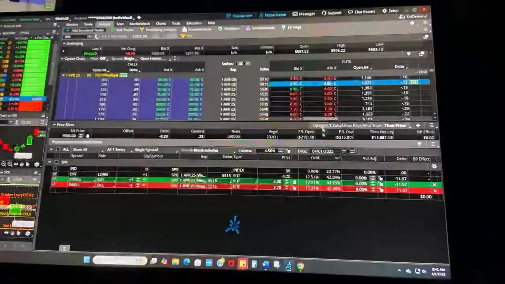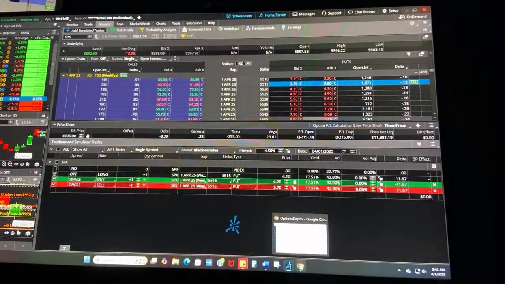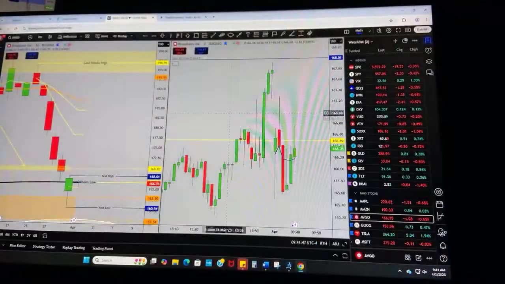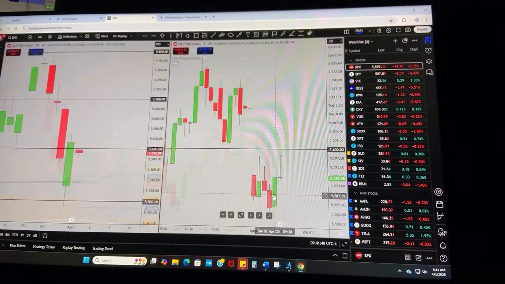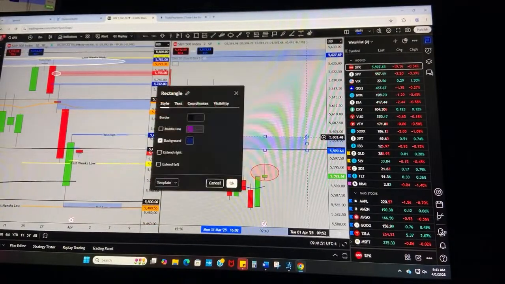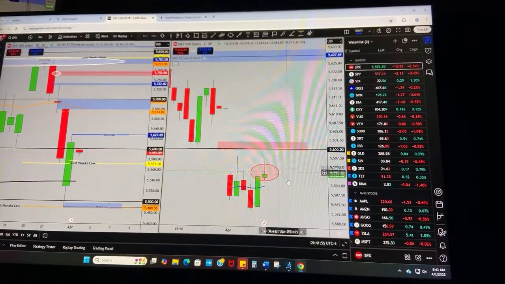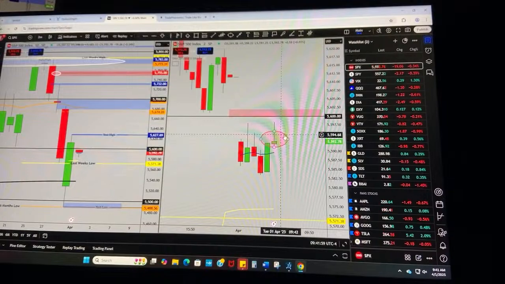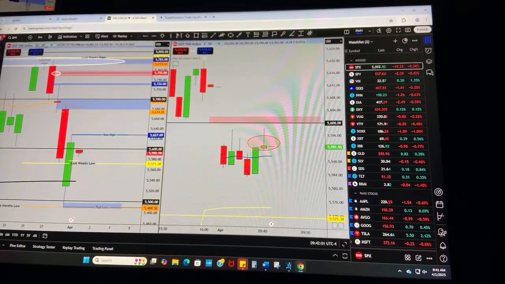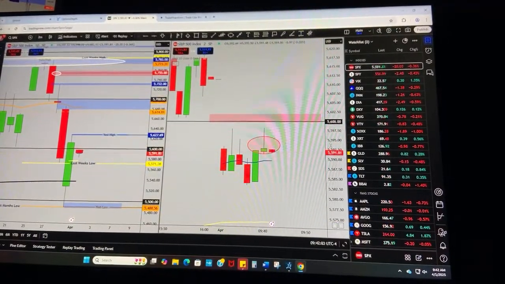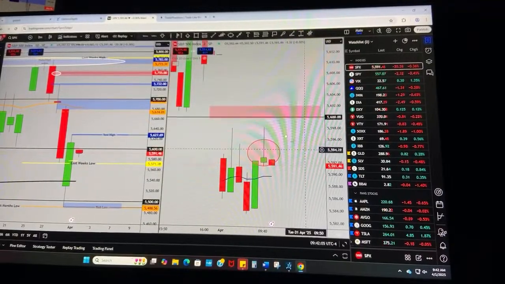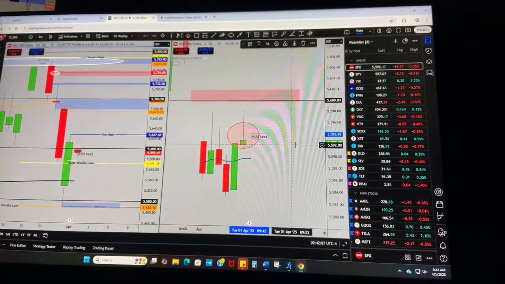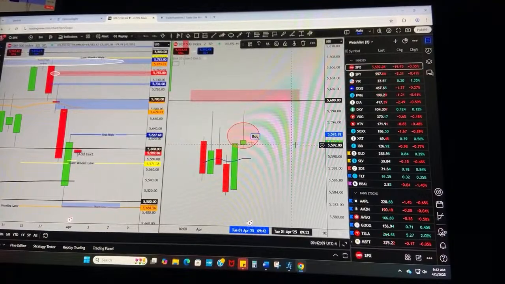So again, that 5,600 is something that I'm just looking at on SPX, that the bulls would have to really reclaim to get up there for this market to go. But we'll see. But put is bearish, of course.